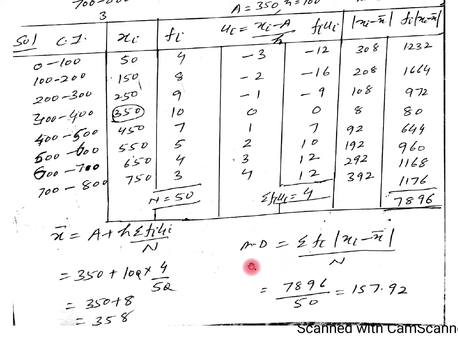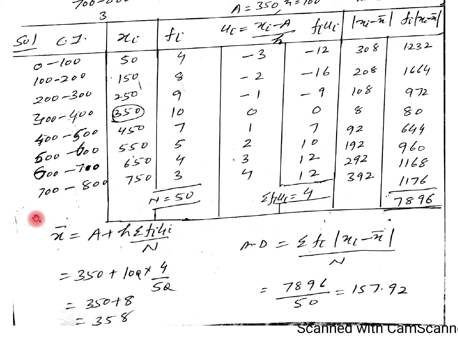Now the mean deviation about mean, again the formula is sigma fi |xi minus x bar| upon capital N. The value of this is 7896, capital N is 50. Simplifying, I am getting 157.92. This is the mean deviation.